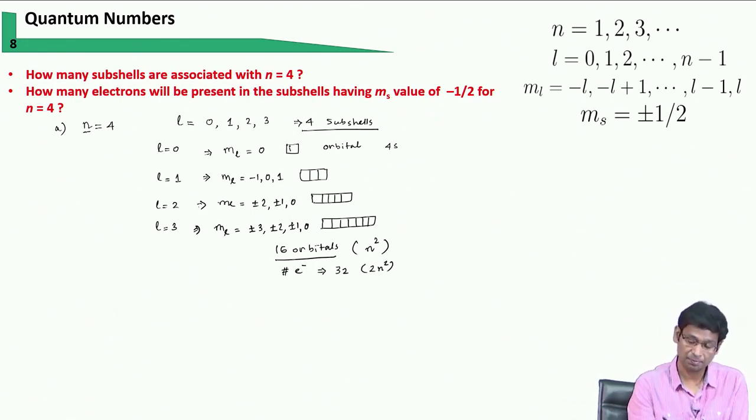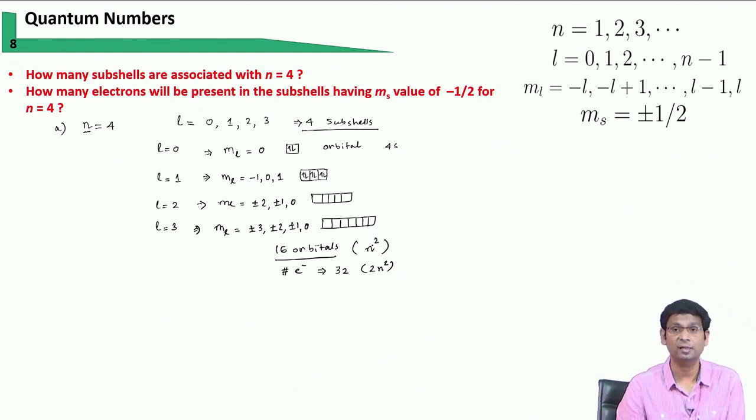So, how is that possible? Because each orbital can contain 2 electrons over here. Similarly, I can fill 14 electrons here, 10 electrons here. So, if I fill all the 16 orbitals, I can fill 32 electrons. Out of them, you see that in each orbital, one electron has spin ms equals plus half, the other one has ms equals minus half.